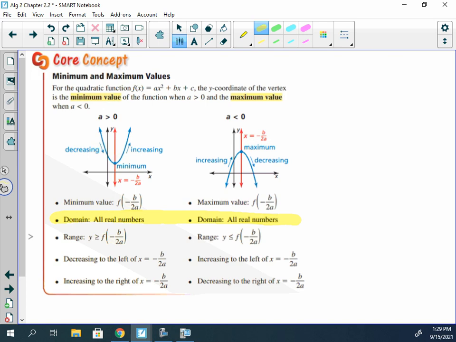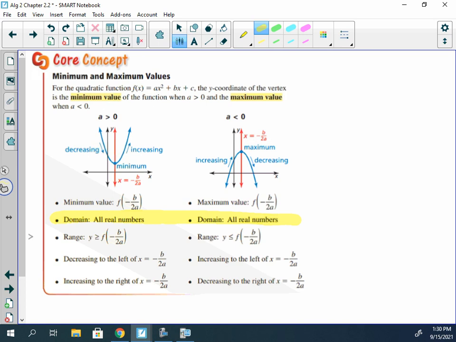And what that's really saying is that any value of x, I can plug it into the function and it's going to work. The only time that we're not going to have the domain as all real numbers is when we're talking about rational functions, where the variable is in the bottom of a fraction, or radicals, so square roots, cubed roots. If it's inside a square root, really any even degree root, then it won't be all real numbers. And we'll cover that later in the year.